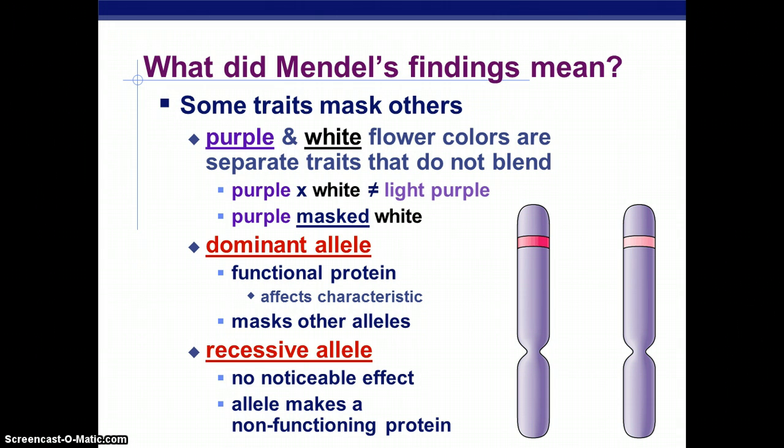Alright, so this goes into a little bit of detail about the alleles and how they actually function as a part of DNA. So a dominant allele is basically a functional form of the protein, and it will affect the trait. A recessive allele is basically a non-functioning protein and has no noticeable effect on that trait, which is why a dominant allele is what is depicted in the phenotype, while a recessive allele is not.